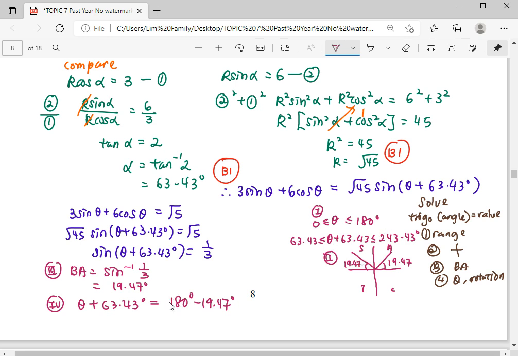So lastly, simplify our answer. So 180 minus the basic angle, and then minus this 63.43. This will give you 97.1 degree.